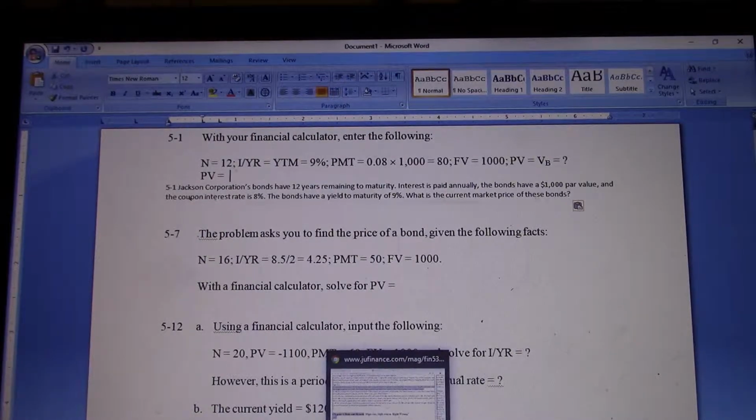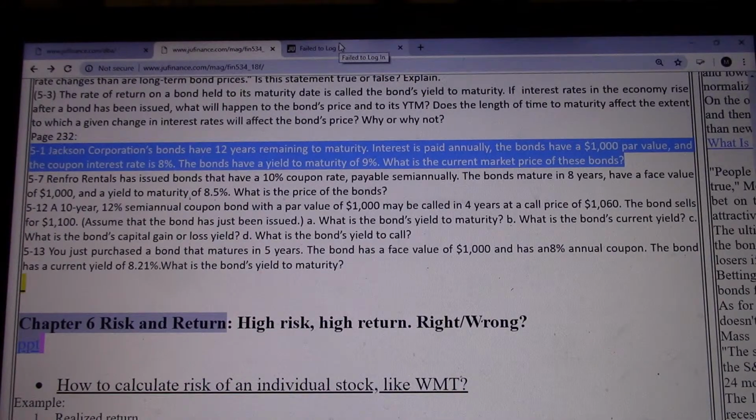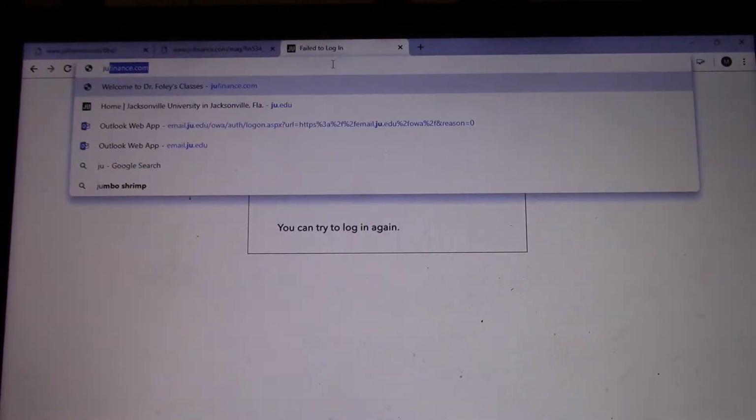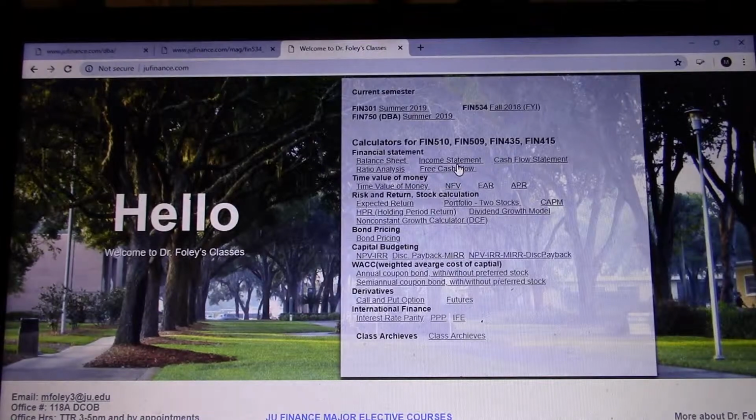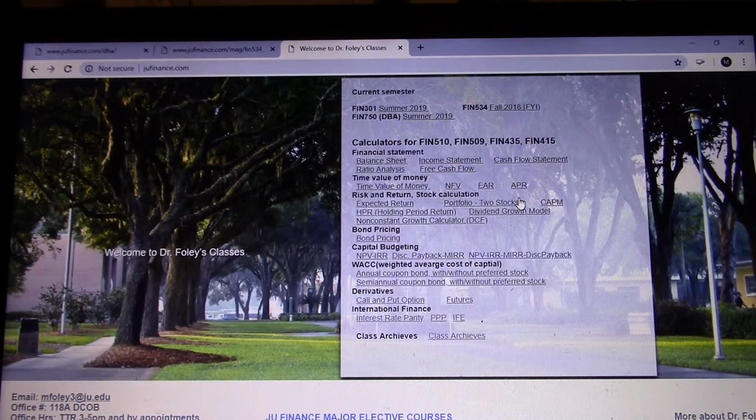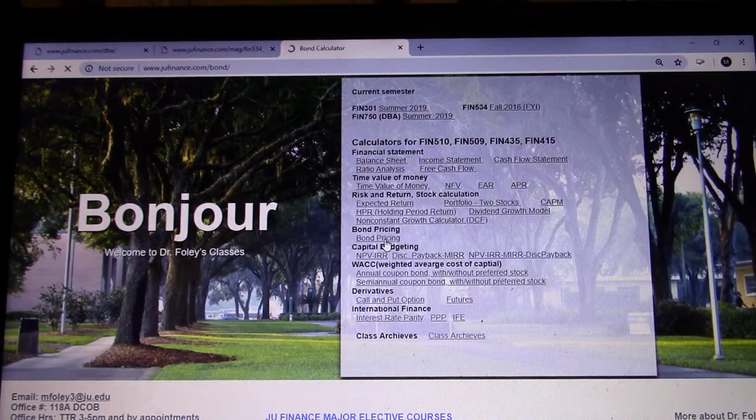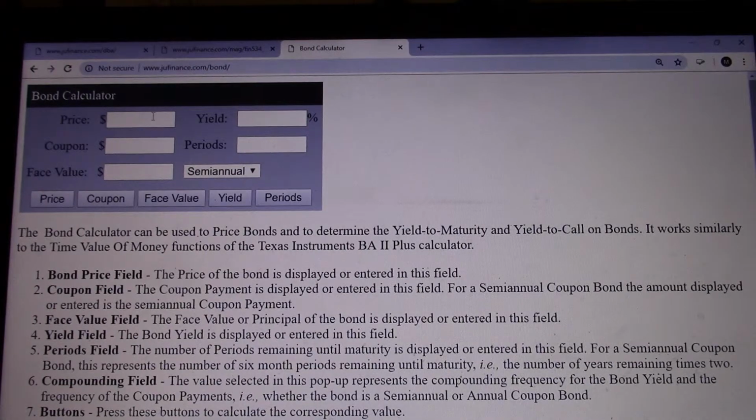Okay, let me just show you the calculator. Go to jufinance.com. You can look for the bond pricing. So price is the question mark. Yield is 9%, and coupon is $80.